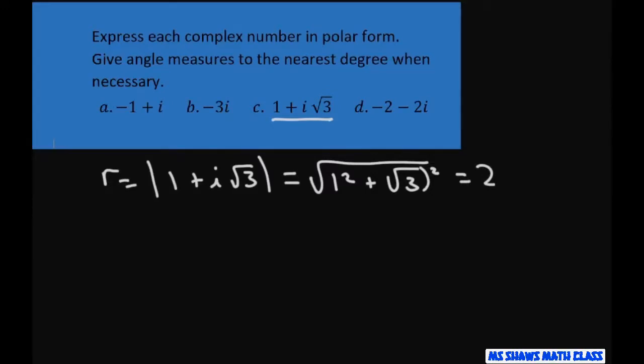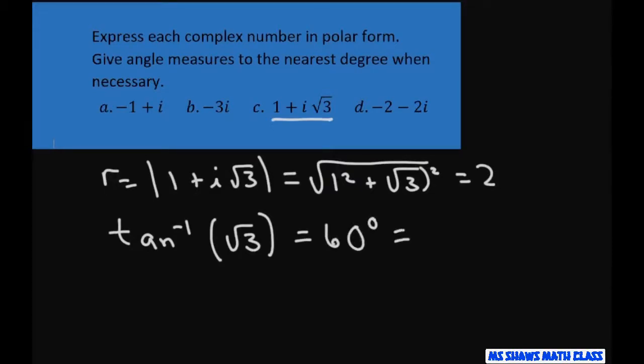So do your inverse tan function, or arctan. That's going to be square root of 3 divided by 1, and that equals 60 degrees as your angle. So when you write it out, it's 2 cis 60 degrees.